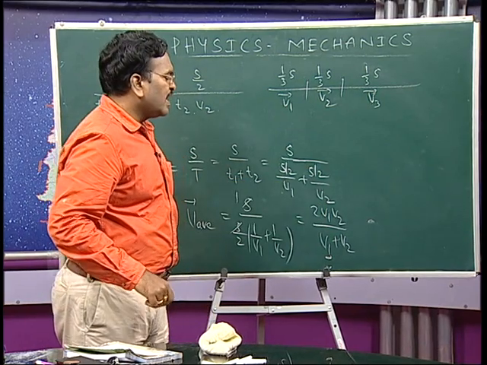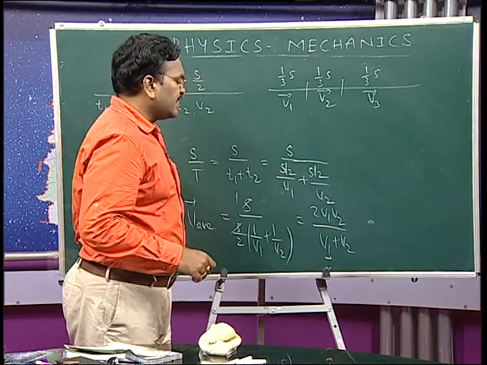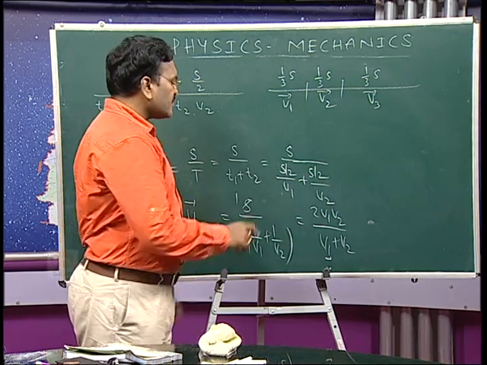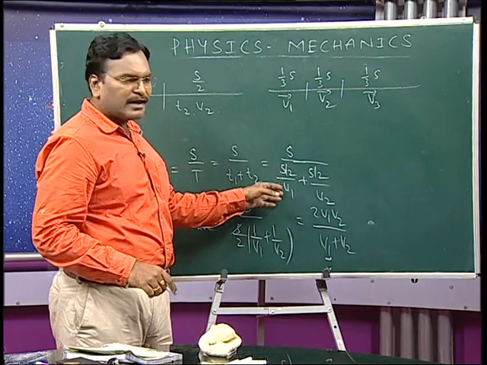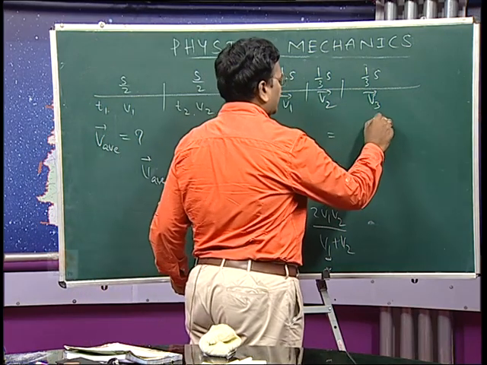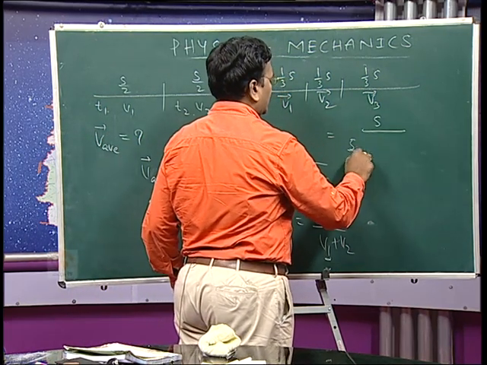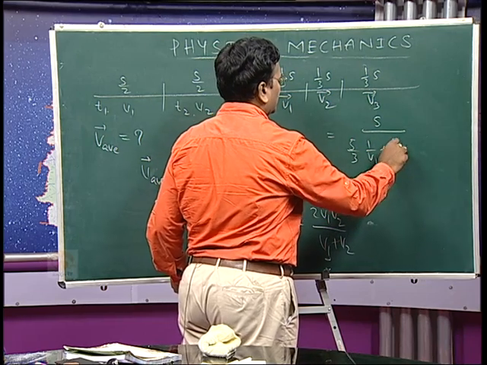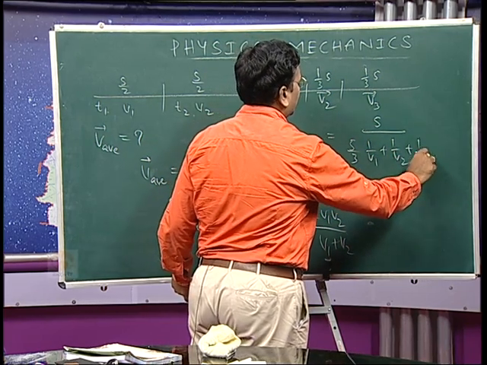Taking S by 3 common, the total displacement over total time gives 1 by v1 plus 1 by v2 plus 1 by v3.